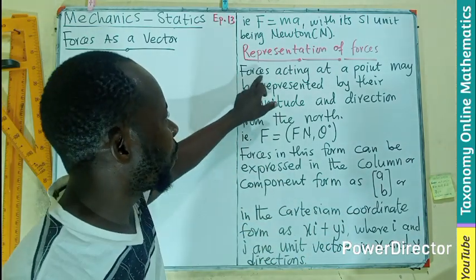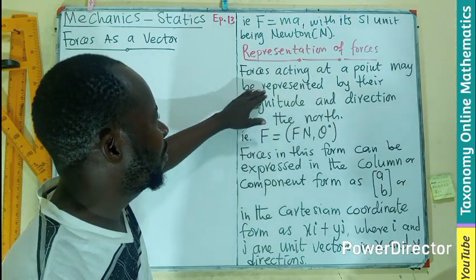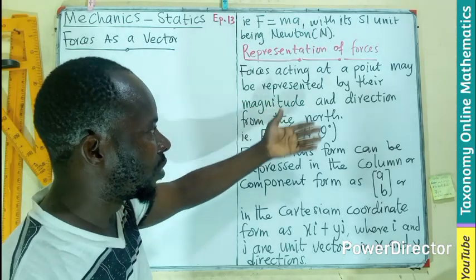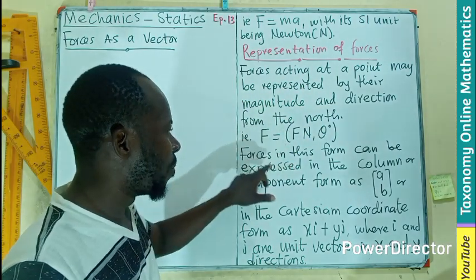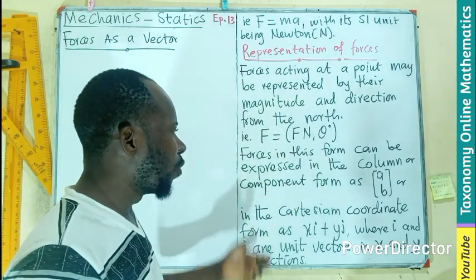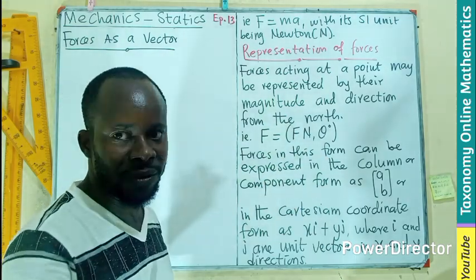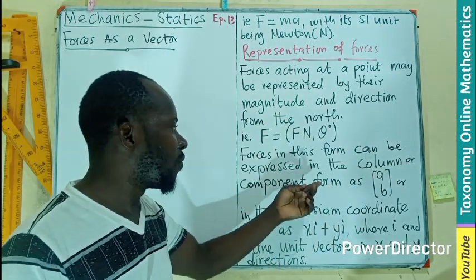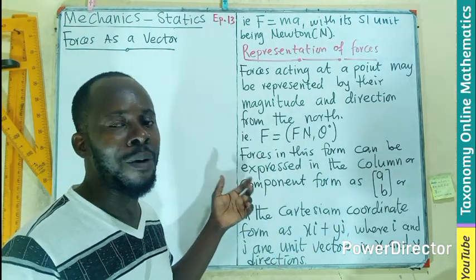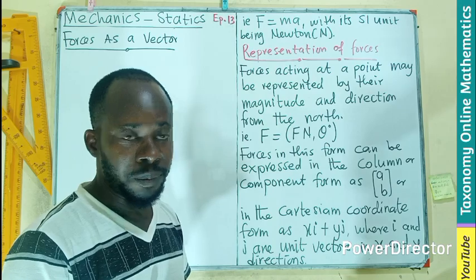So a force acting on a point may be represented by its magnitude and its direction in this form, and it can also be expressed in other forms, which we can call column vector, or column form, or component form, or better still, column vector form.